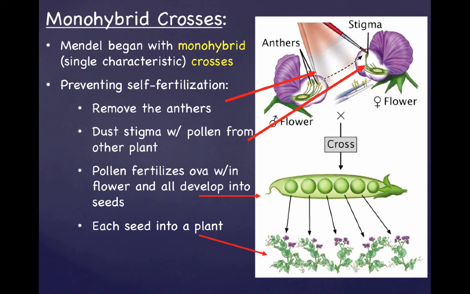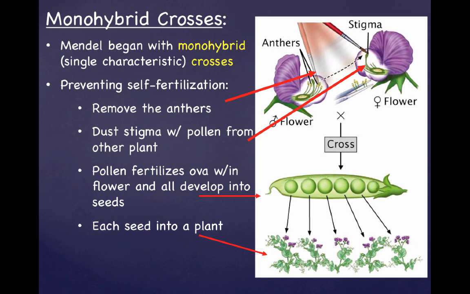He did these monohybrid crosses with really tight control because he had the ability to prevent self fertilization. He would go in, remove the anthers, and then dust the stigma with pollen from another plant that was carefully chosen by him so he could accurately test the cross.